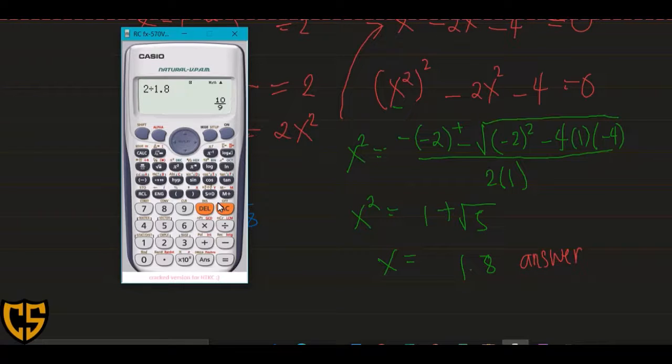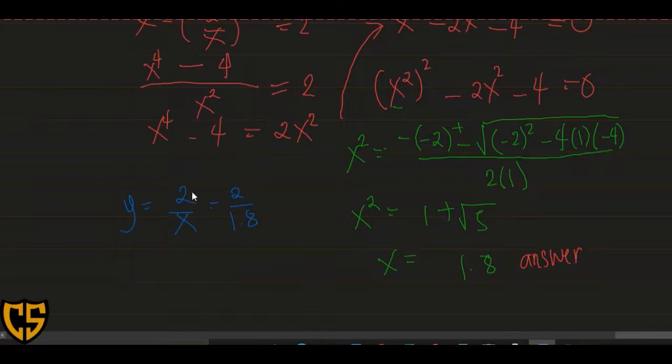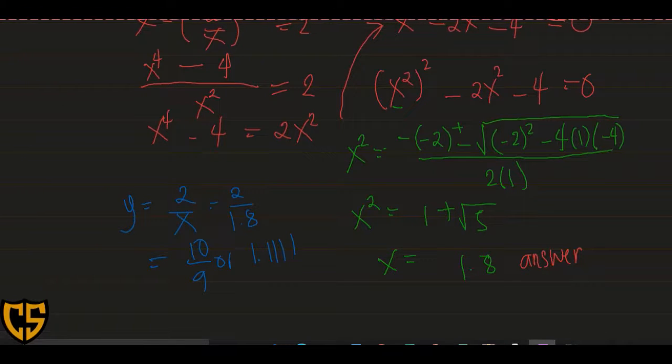Our answer will be equal to 10 over 9, or this will be approximately 1.111. So our answer will be equal to 10 over 9 or 1.111. So this will be our final answer.